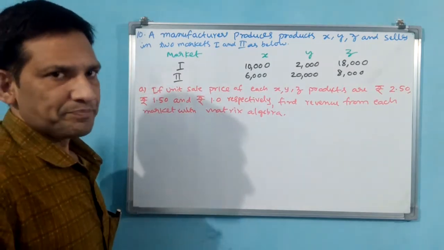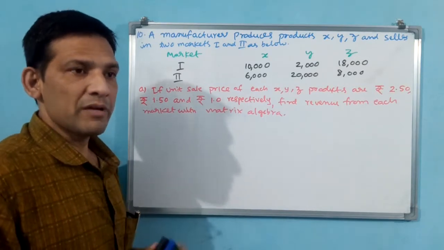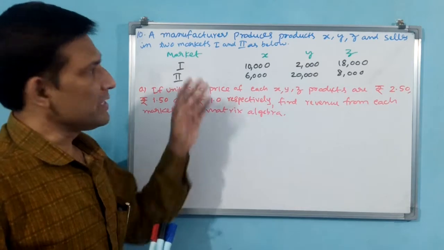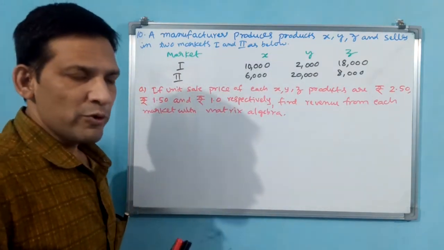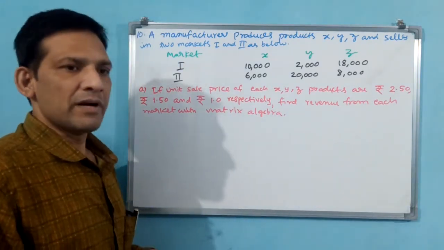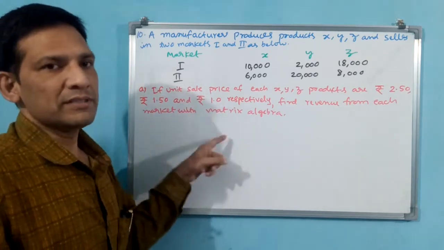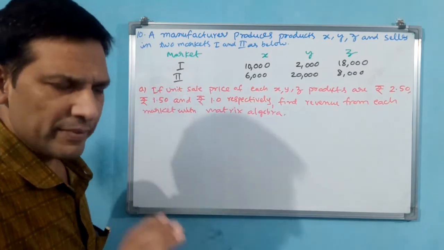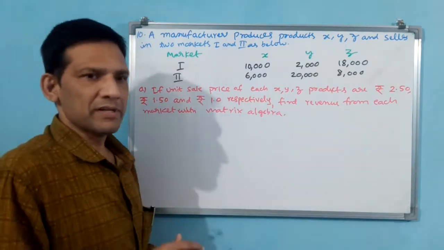See here, he himself is manufacturing and selling, that you have to understand. Normally the manufacturer only manufactures and the seller is different, but here he is manufacturing and also going to the market and selling. Revenue means nothing but collection, but here we can say selling price. For this problem we can take revenue as selling price.